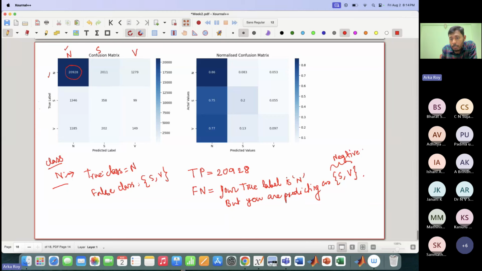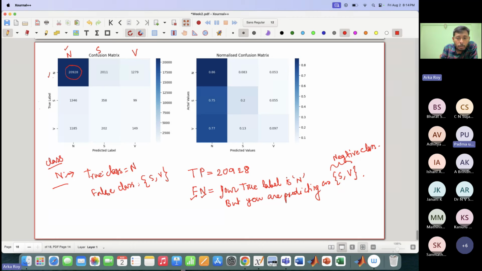That is why this is a false prediction. And what sort of prediction are you doing? You are doing the negative prediction. That is why it is called false negative. Your original label is N, but you are predicting it as negative classes.